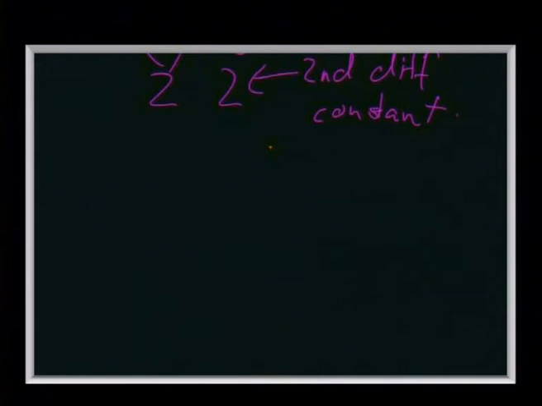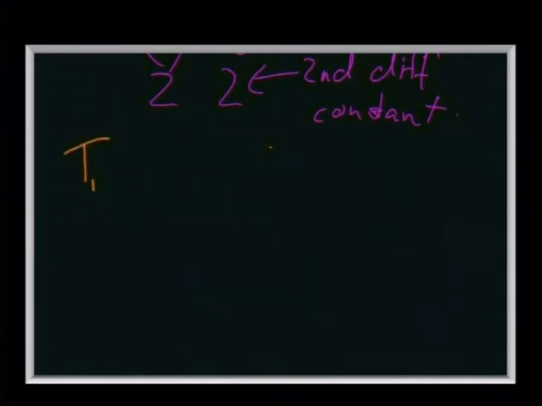Now, the value of a, and that's the coefficient of the n squared, is always going to be half of the second difference. So if the second difference is 10, then a will be 5. If the second difference is 20, then a will be 10. In this case, the second difference is 2, so a will be 1.